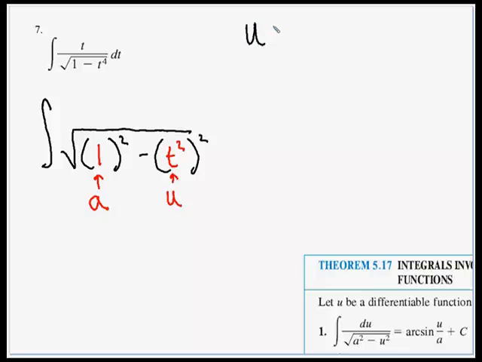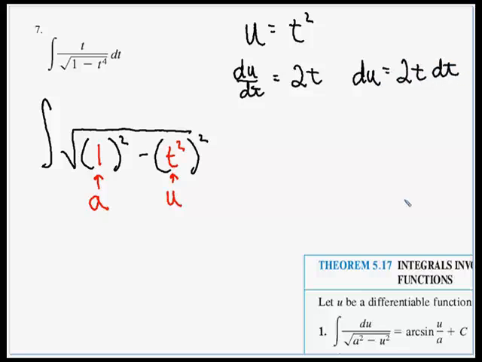Well, if u is t squared, then du dt would be 2t, and I'd multiply both sides by dt, and I have du equals 2t times dt. I have a t dt, so I need a 2t dt.